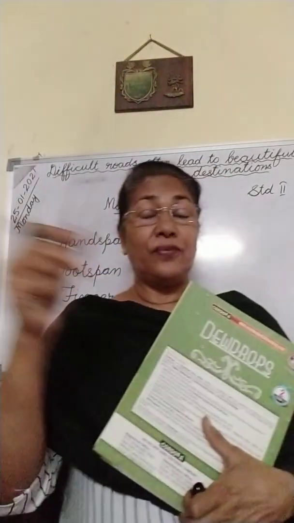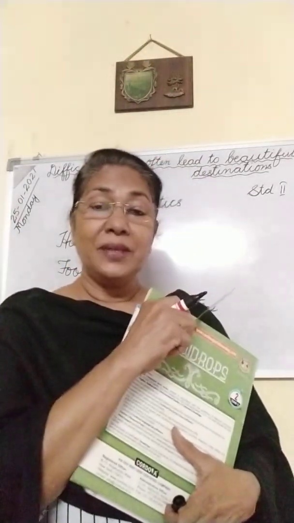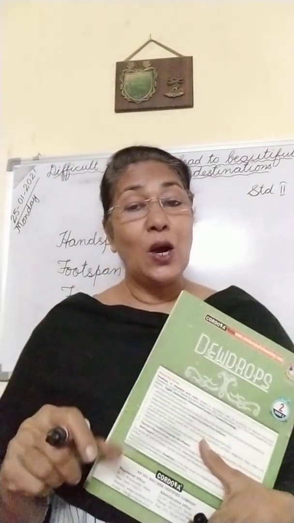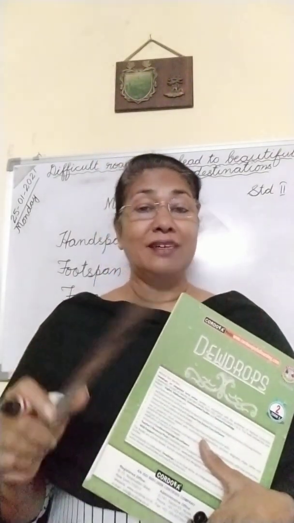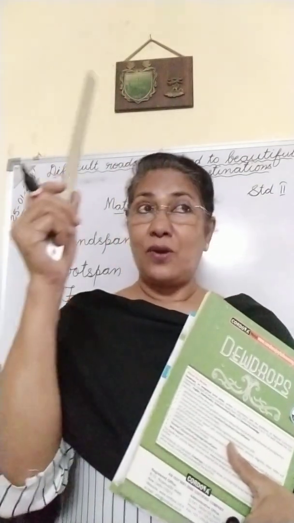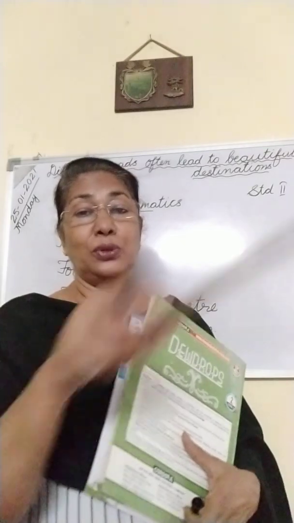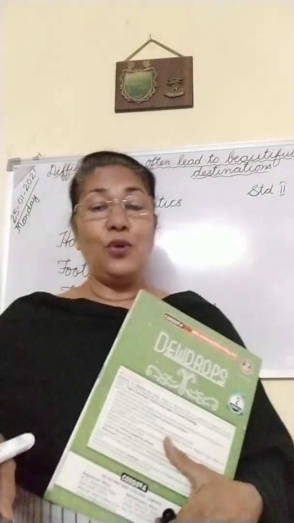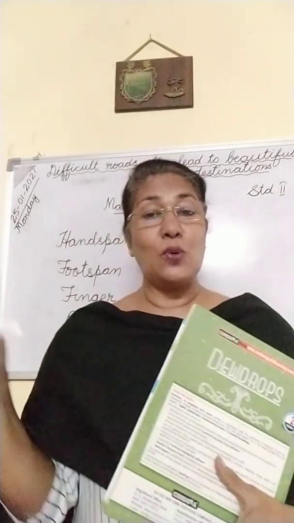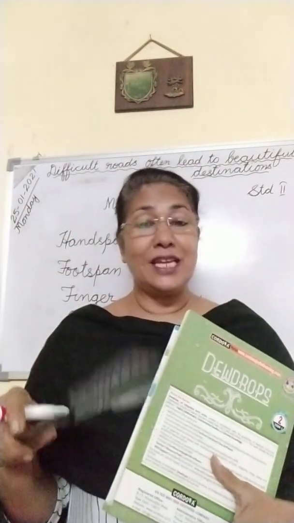Distance between far off places, like from your house to the school, is measured in kilometers, not in meters. From your house to your shop, that is measured in kilometers. If we want to go from your house to Lulu Mall, you measure in kilometers, not in meters.